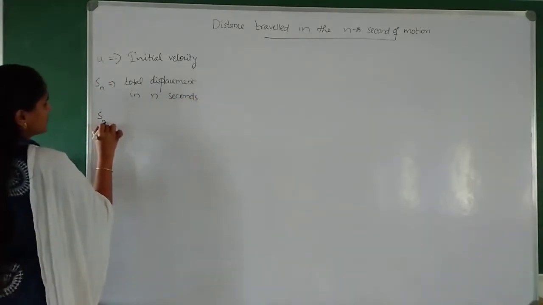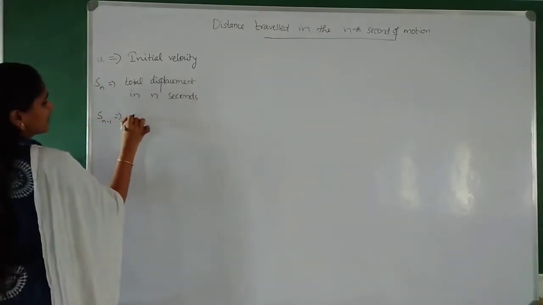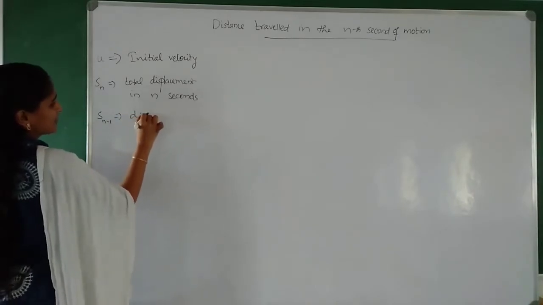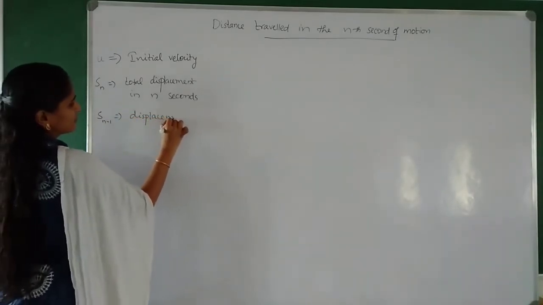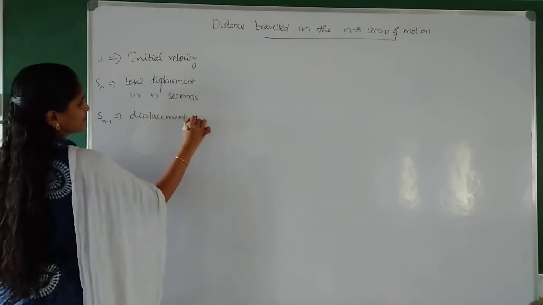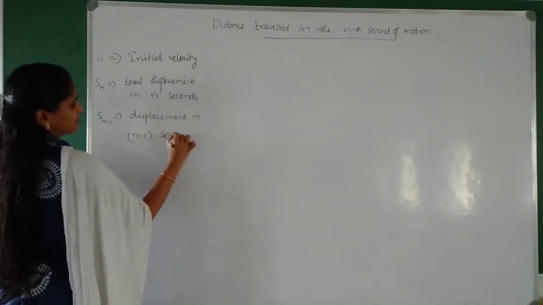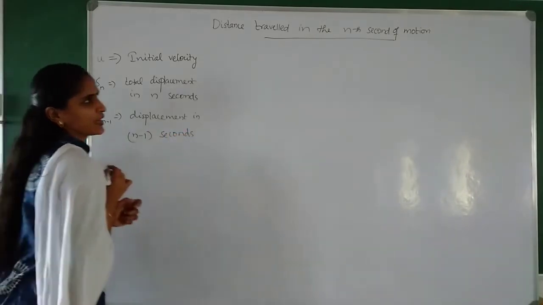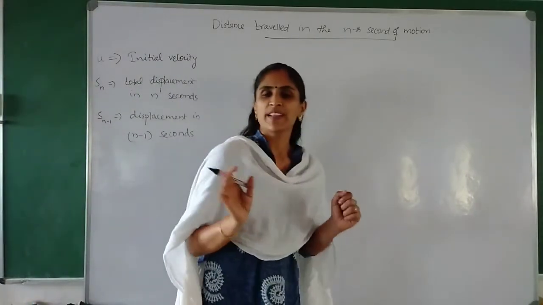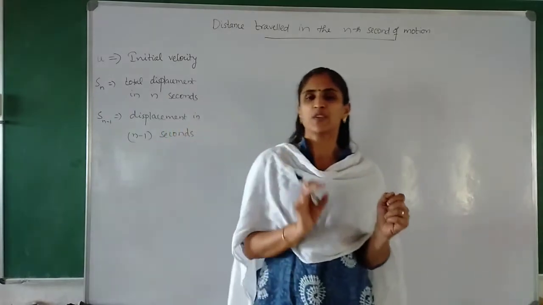Sn minus 1 is the displacement in n minus 1 seconds. So we have to find the distance in the nth second of motion.